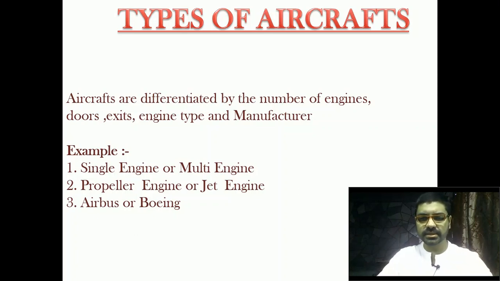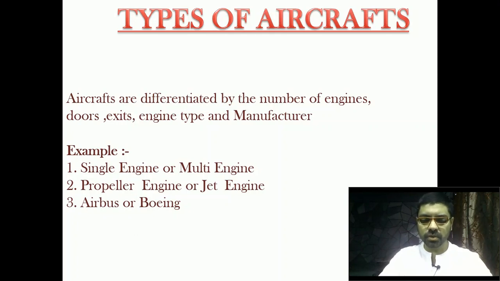In the next topic about the manufacturers, I'll explain the differentiation between Airbus and Boeing. These are the topmost aircraft manufacturers in the world, one from the United States and another from Europe. Both have great competition across the globe over who's the topmost in the aviation industry.